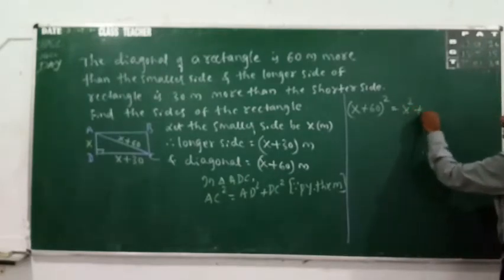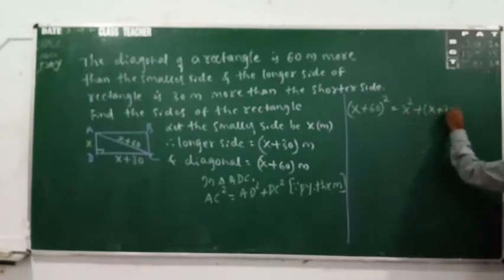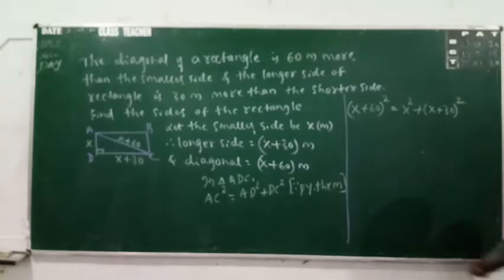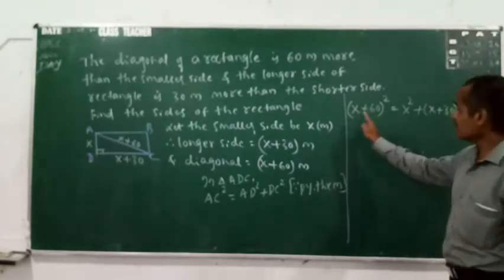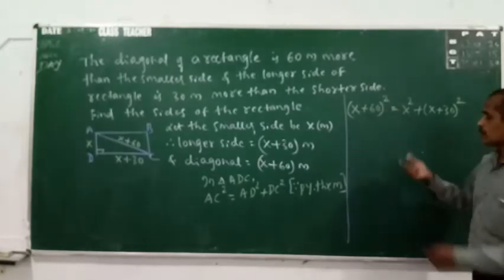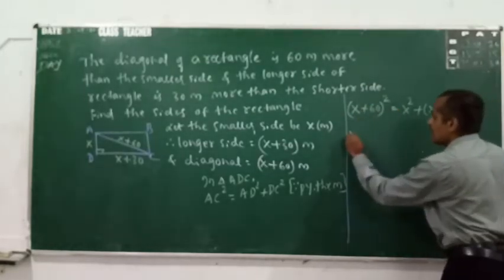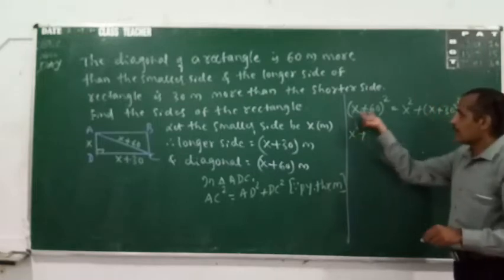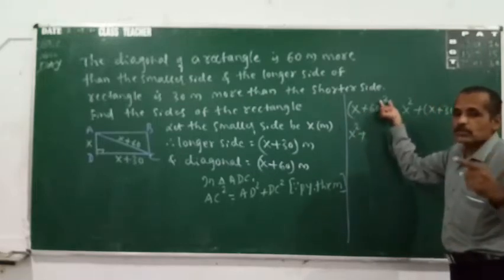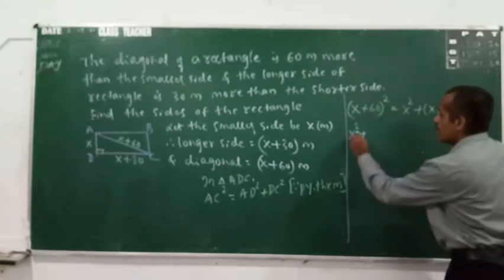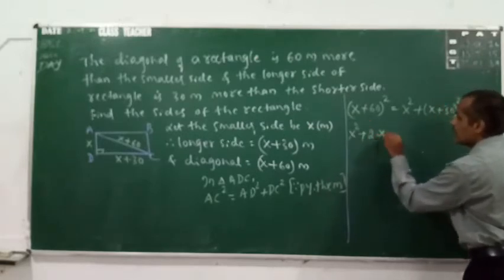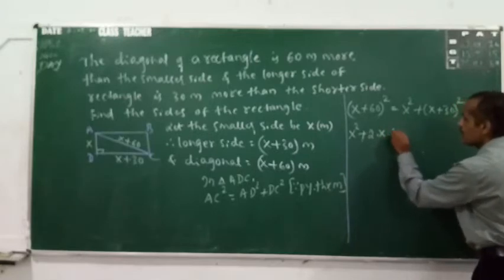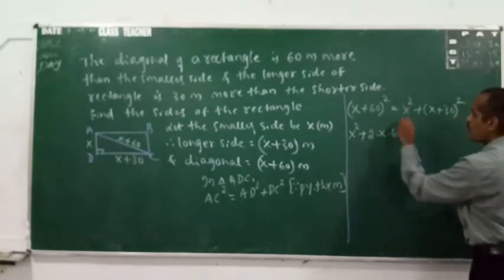X square plus X plus 30 the whole square. My dear children, it is in the form of a plus b the whole square. Expand it. A plus b the whole square is equal to a square plus 2ab plus b square. A square plus 2 into a into b plus b square.